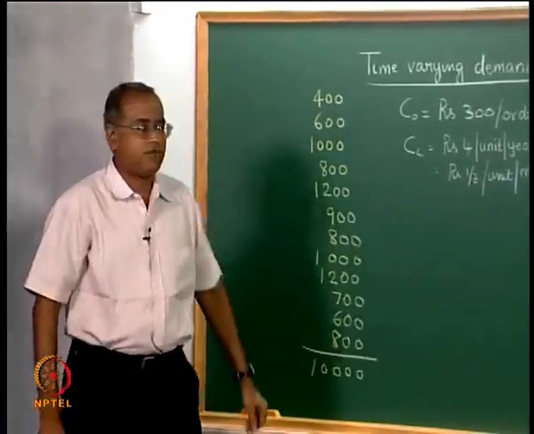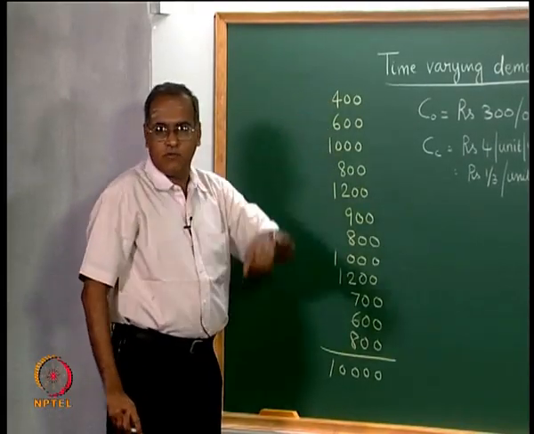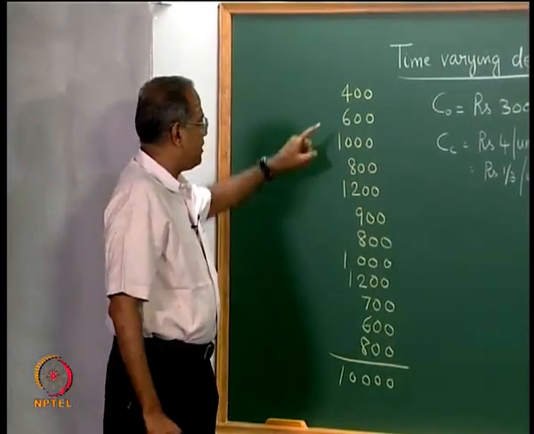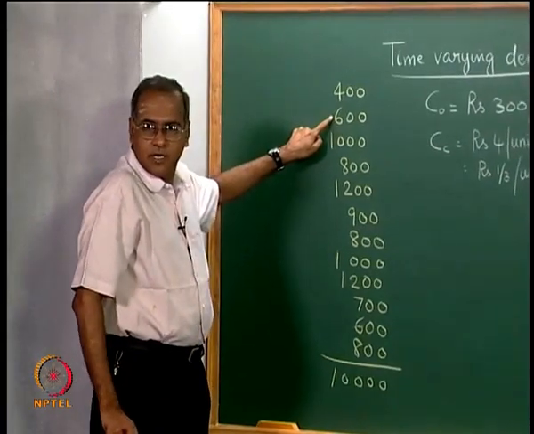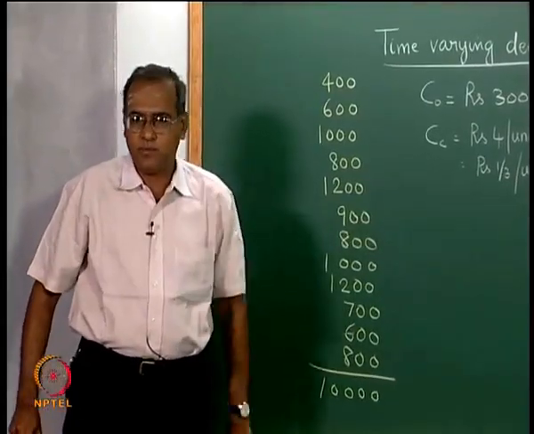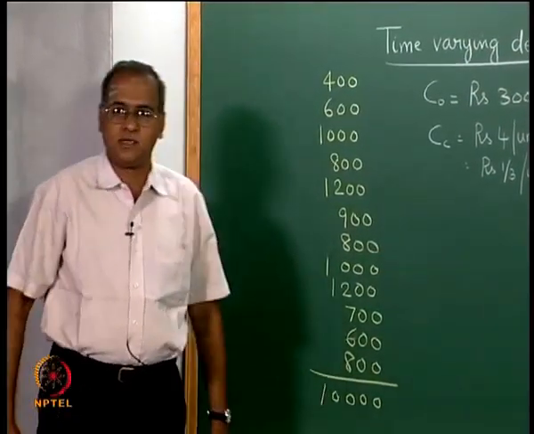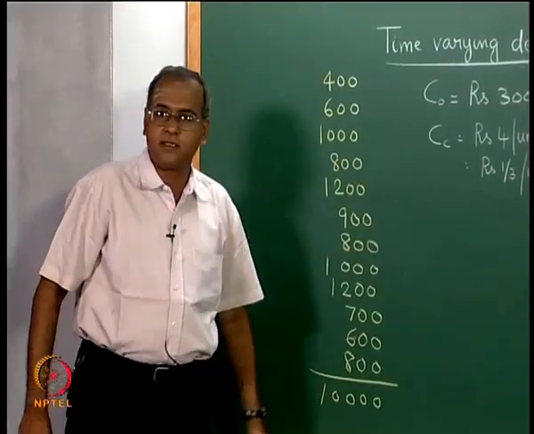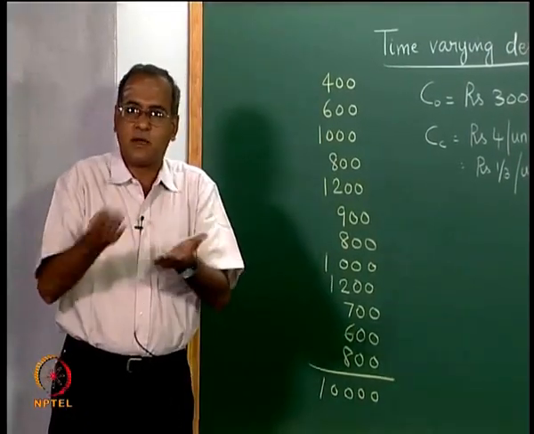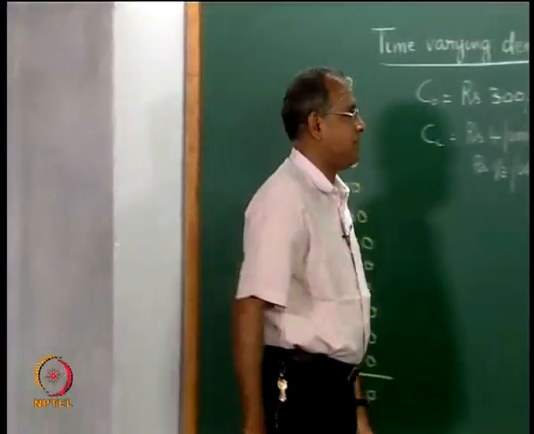The average inventory for January will be 400 divided by 2, because we begin with 400 and end with 0. For February it is 600 divided by 2. So, average inventory for each month is demand by 2. So, total sum of the average inventories over the 12 months, the total demand being 10,000, will be 10,000 divided by 2, which is 5,000.